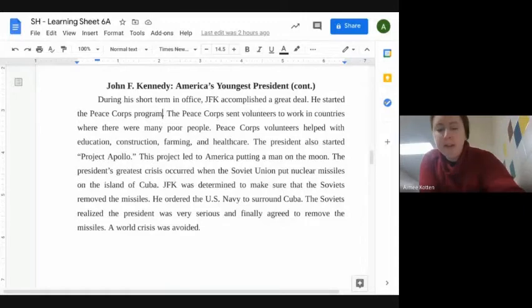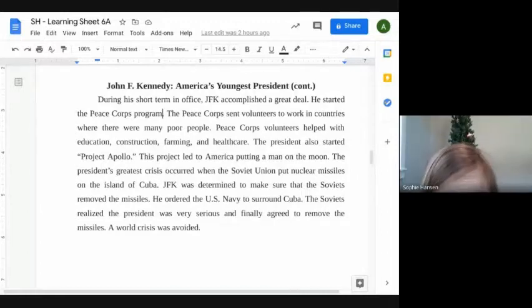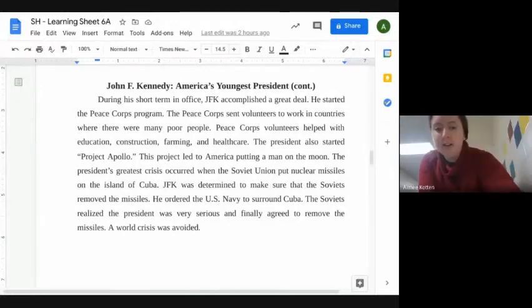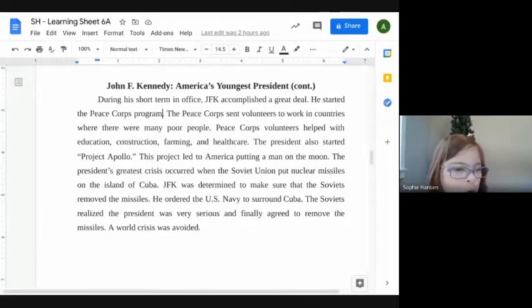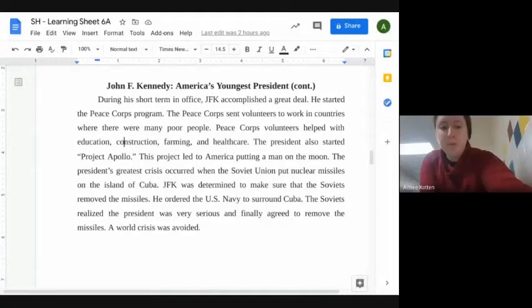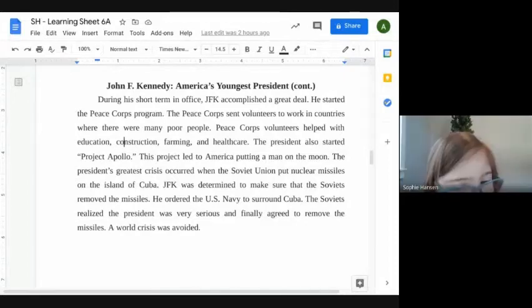The Peace Corps sent volunteers to work in countries where there were many poor people.